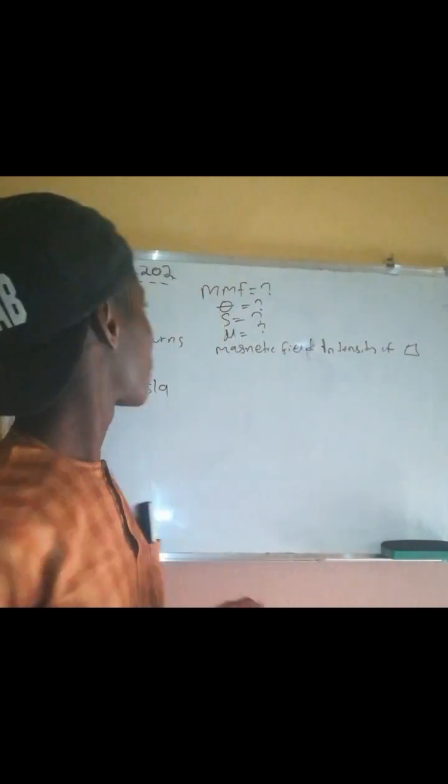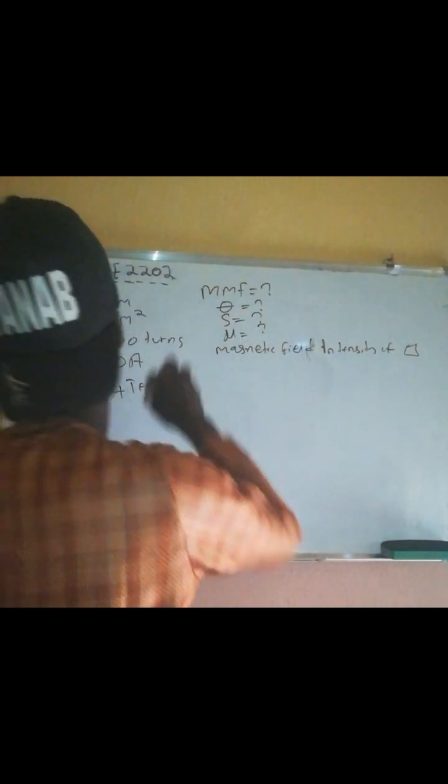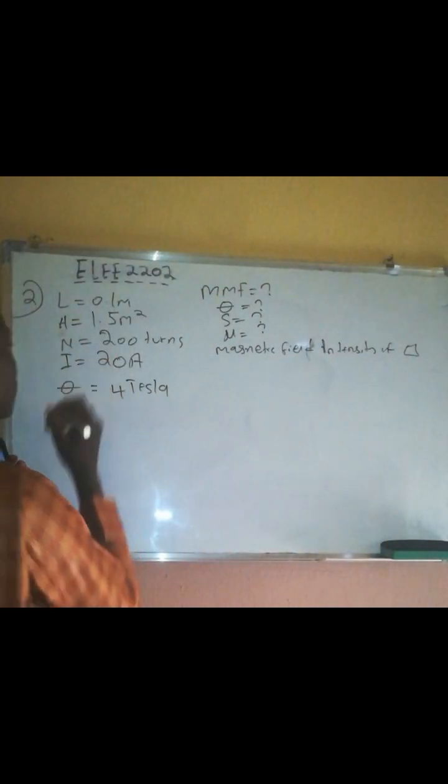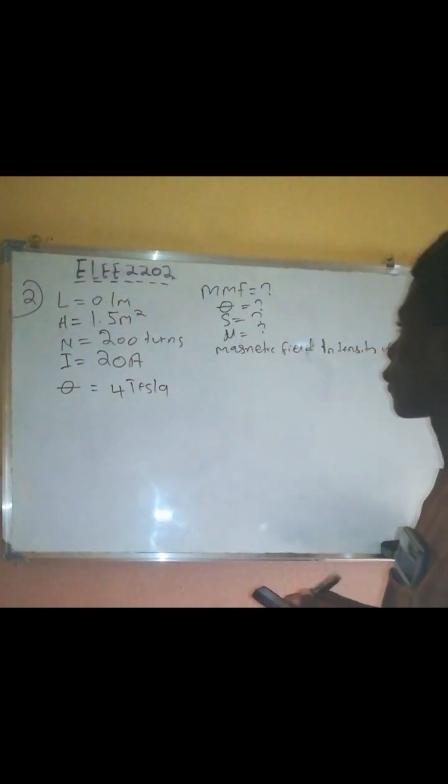So this is the data that we have: the length, the area, the number of turns, the current, which we call I, and also the flux.